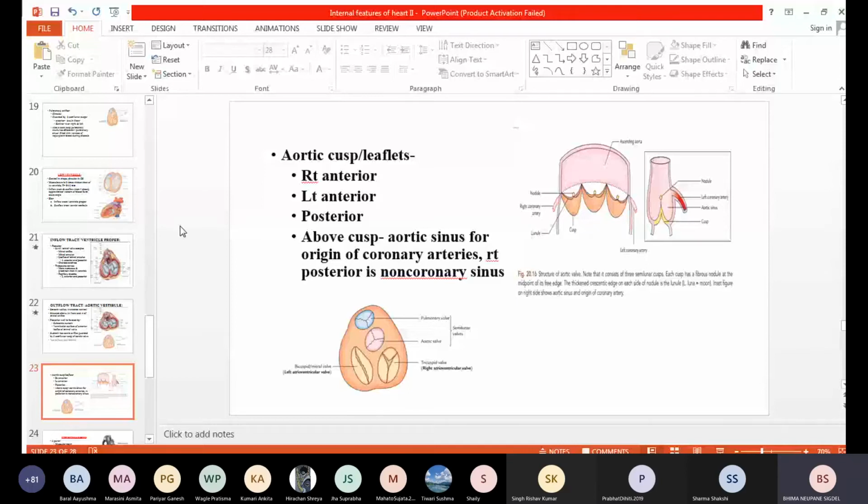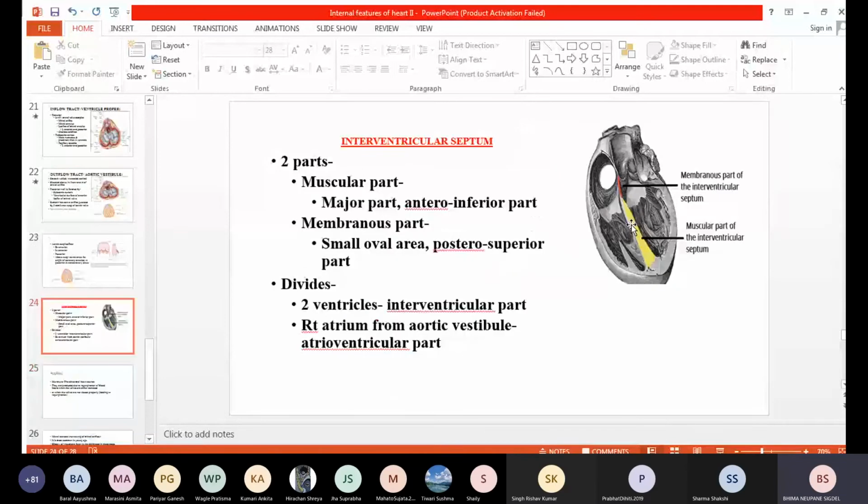The membranous part is small only and located posteriorly, whereas the anteriorly and inferiorly located septum is the muscular part.